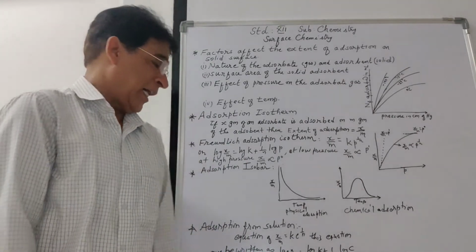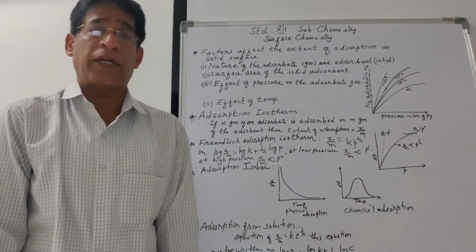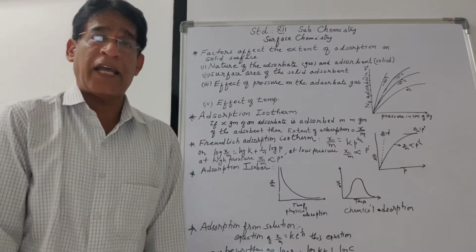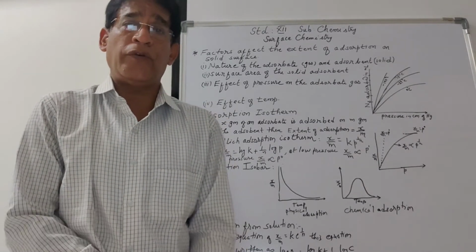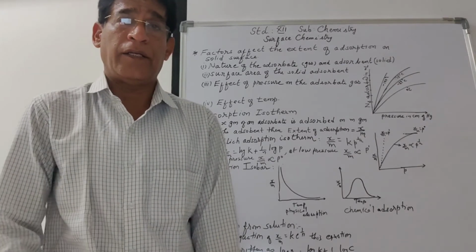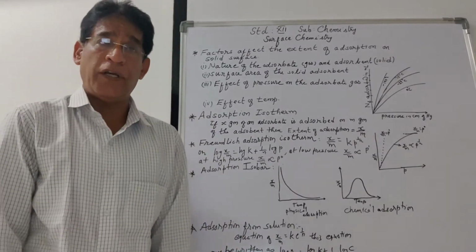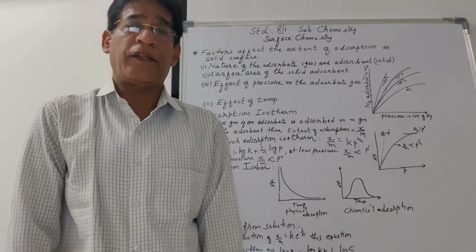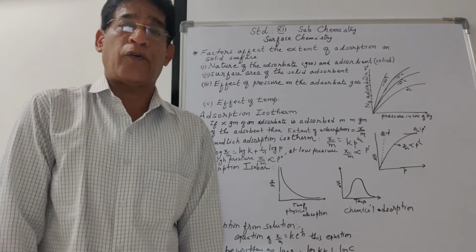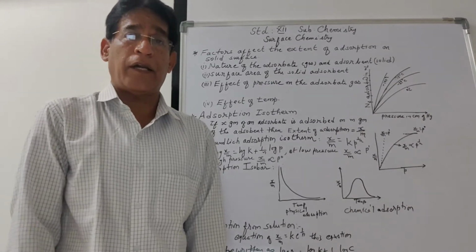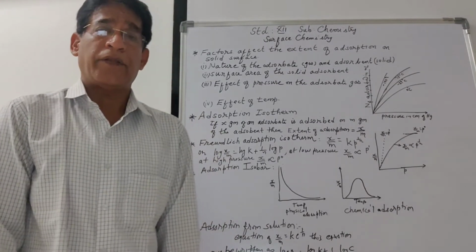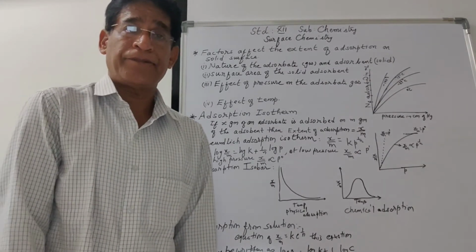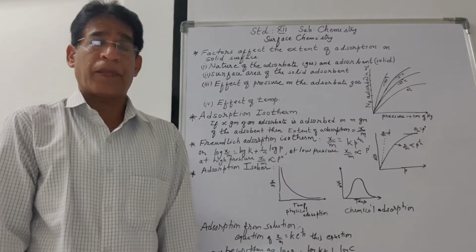Now, adsorption from solution. Solid surface can adsorb solutes from solution. A few examples: when litmus solution is shaken with charcoal, it becomes colorless because the dye of the litmus solution is adsorbed by charcoal.